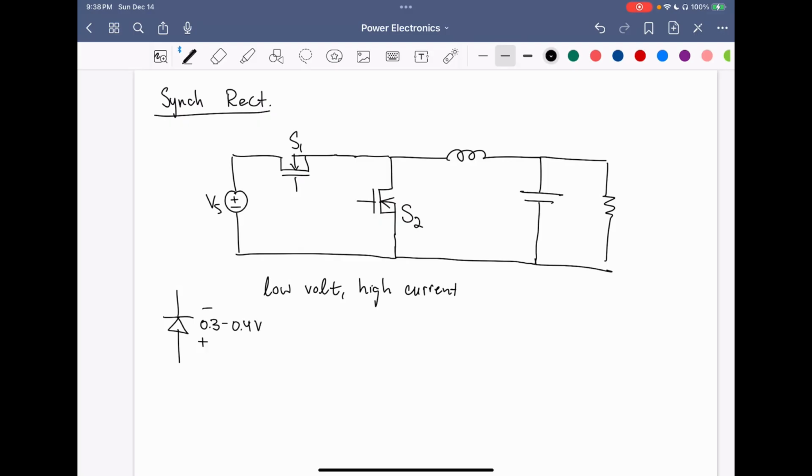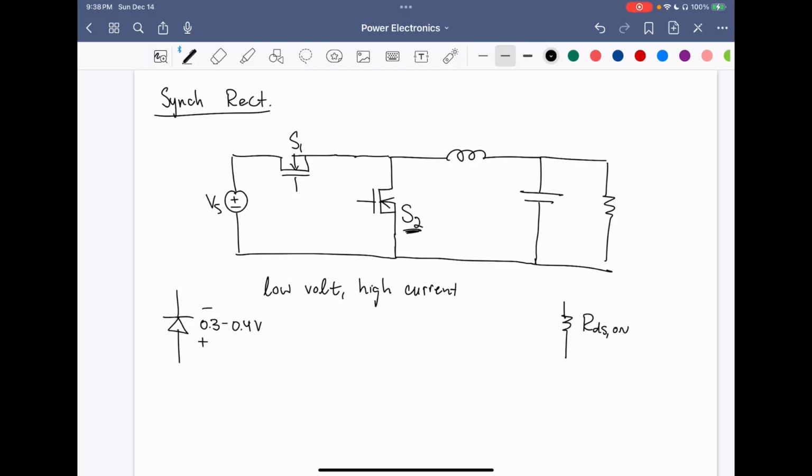Now, using a MOSFET for S2, we can get a much lower voltage drop. This is because the MOSFET is modeled as an equivalent resistance RDS on, and this RDS on can be very low, in the single digit milliohm range. So the voltage drop will be lower across the MOSFET S2 as compared to a Schottky diode, and this will give us higher circuit efficiency.